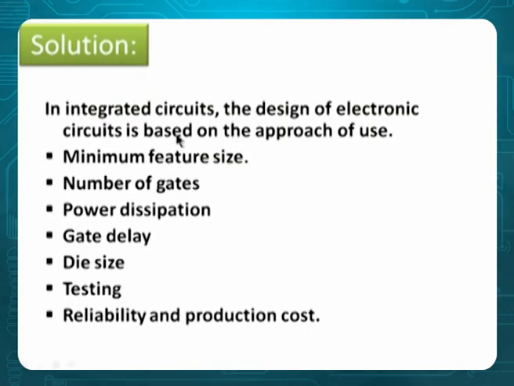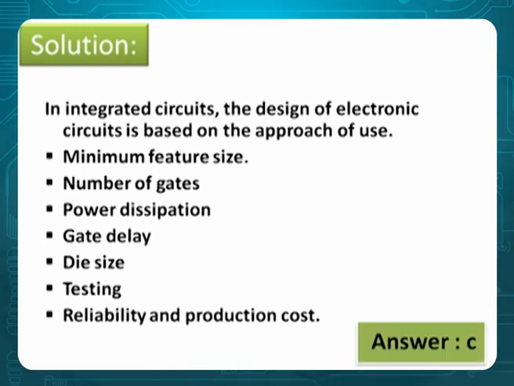The design is based on minimum feature size, number of gates, power dissipation, gate delay, die size, testing, reliability and production cost. So these are the different reasons why we go for manufacturing of ICs. That's how we finish the illustrative problems.